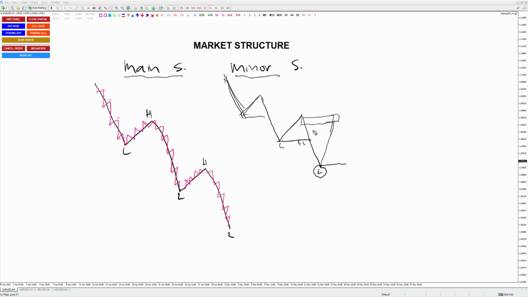But right now, if you trade, for example, based on the main structure, if the market is in a downtrend and you are following the trend, and the moment there is the break of structure here, the BOS, and then you sell, for example, from here, you can target the last low. That is the minimum.